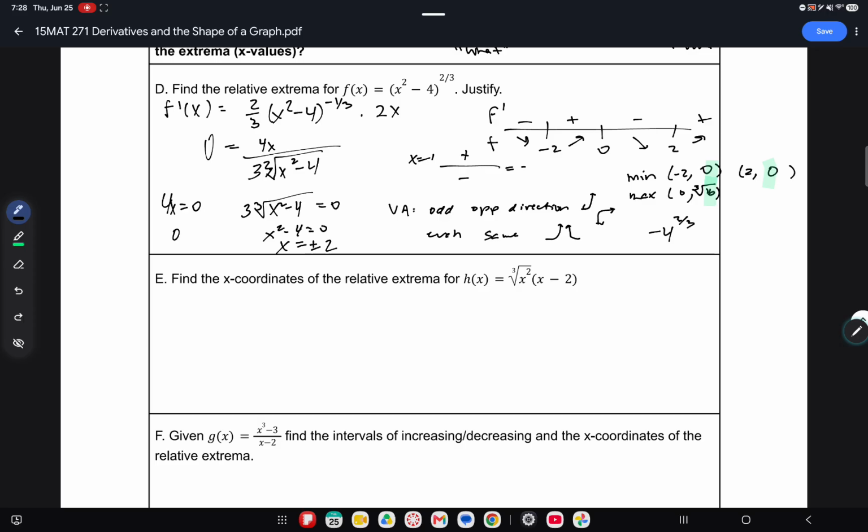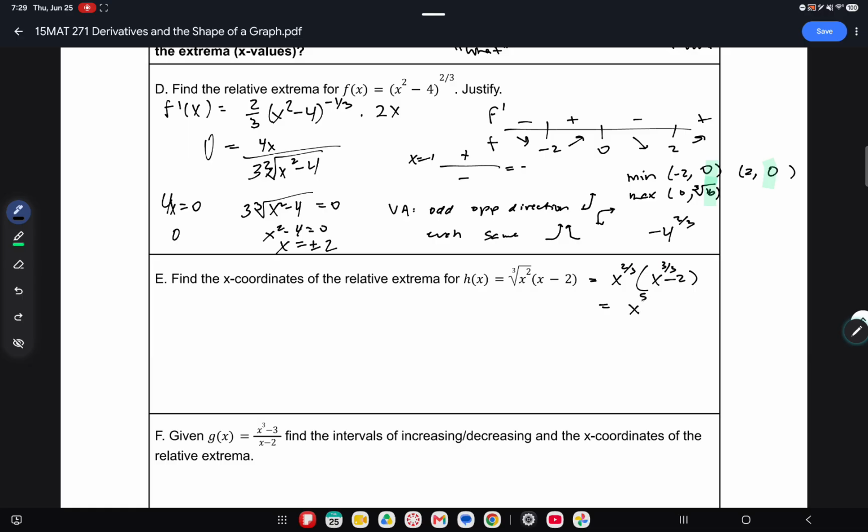Find the x-coordinates of the relative extrema for this function. Okay, so I could do a product rule, or I could multiply these things out. So I really have x to the 2/3 times x minus 2. So I would make that an x to the, let's see, that could be 3/3.